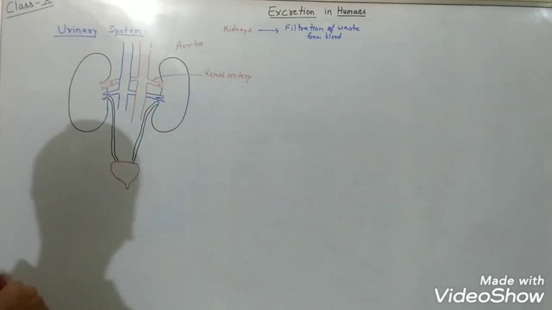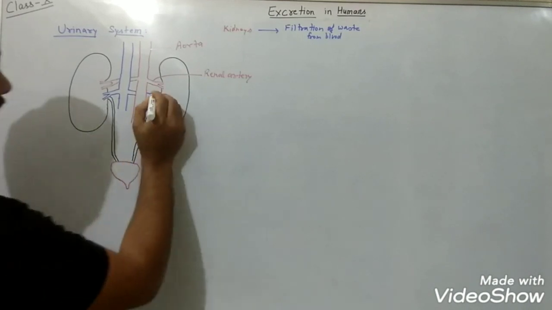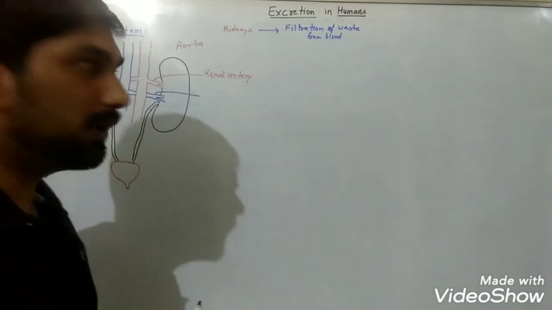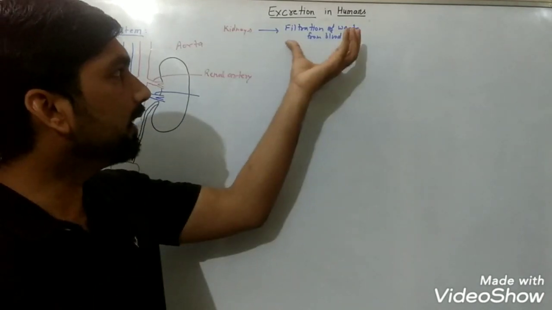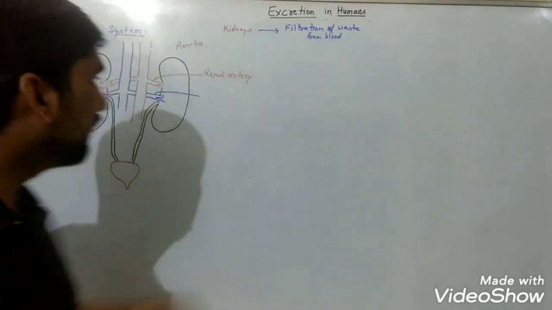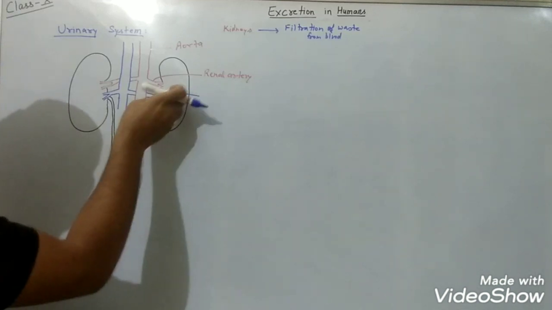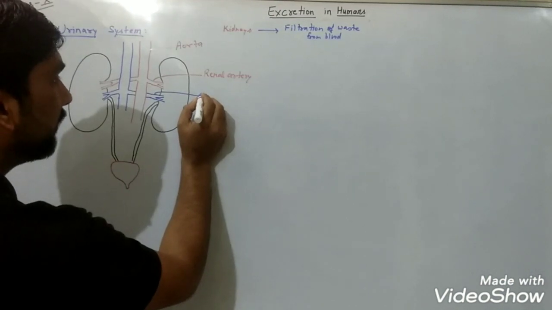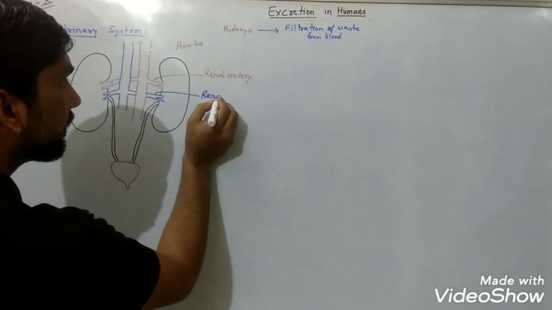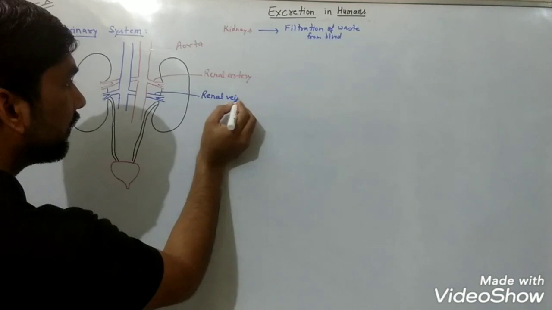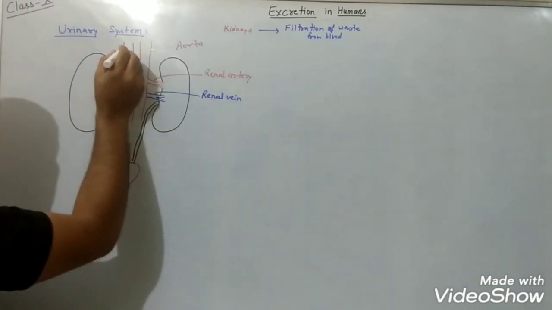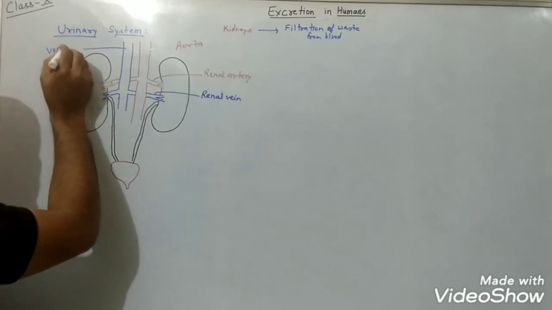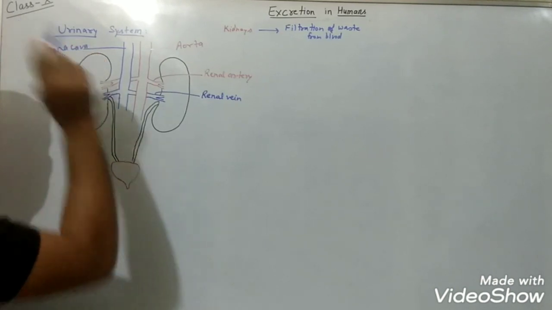In the same way, the blood vessels which are going to take the purified blood, means from where the wastes are removed, that blood is now going to the blood vessel that is the vein. So this will be the renal vein, and this, as you have seen there, is the vena cava.